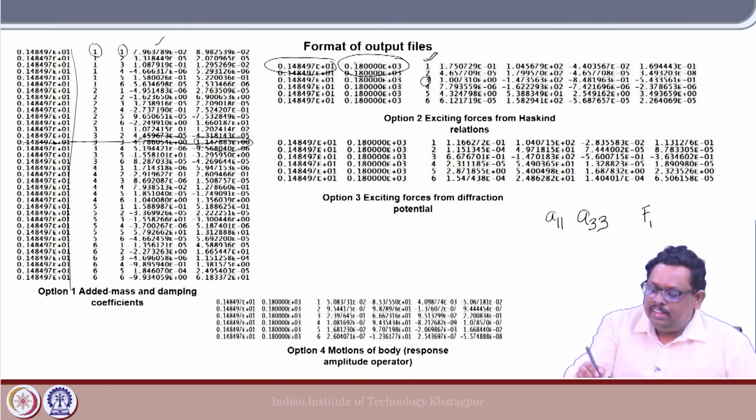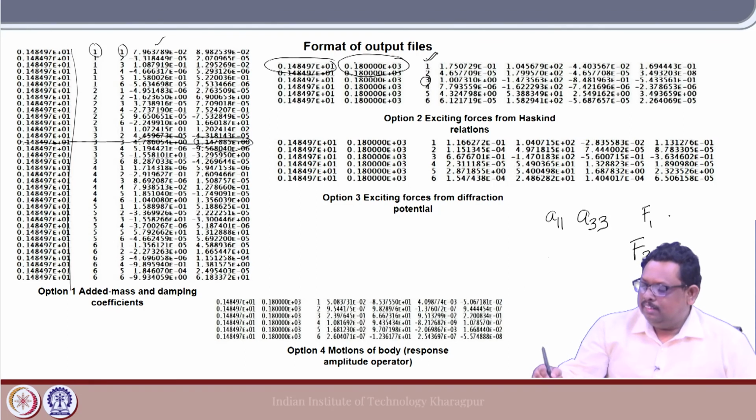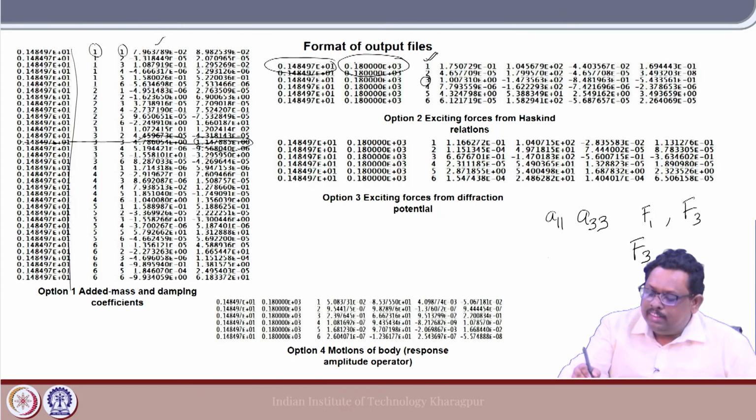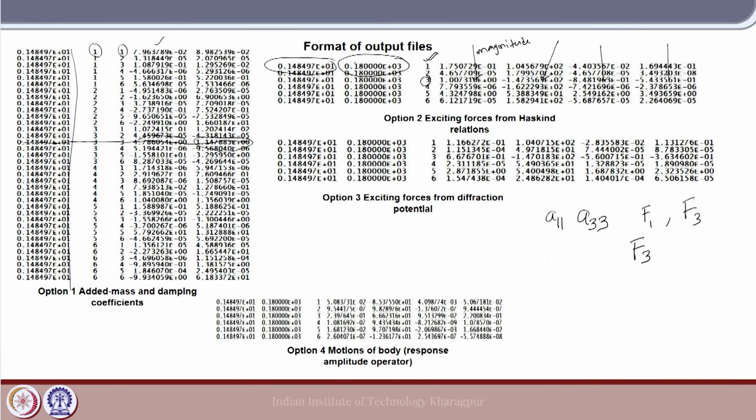Here it is the exciting force for F 3. The first one is nothing but the modulus of the force, the magnitude. This one is the phase, this is the real part and this is the imaginary part.